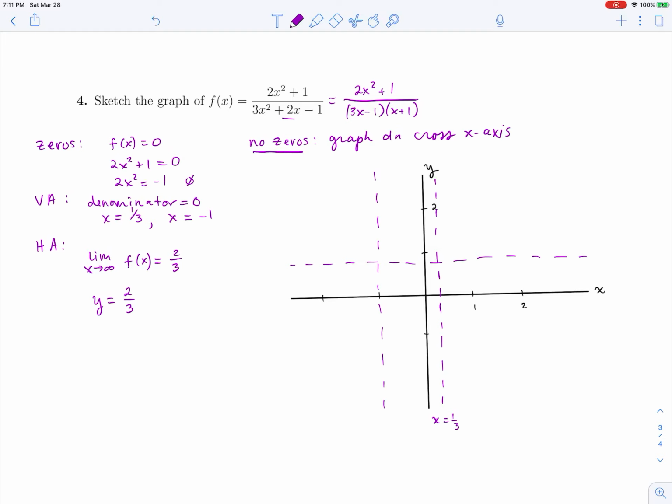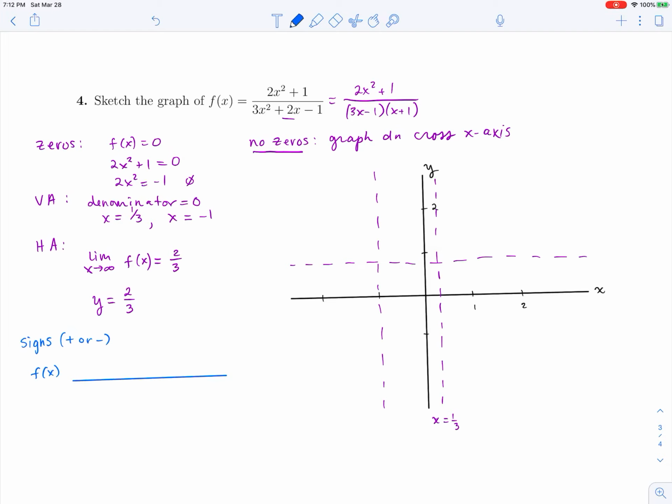And now we just need to figure out where things go. Our asymptotes will guide us quite a bit, because they tell us our graph has to approach the asymptotes. Okay, so let's take a look really quickly at the signs, and by sign I mean plus or minus, of f of x.